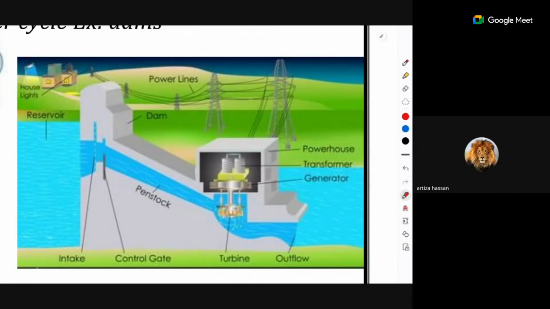And actually this is workable at very large levels, where we have the water stored in the reservoirs, and that stored water has gravitational potential energy. This is the gravitational potential energy of the water. It is converted into kinetic energy. It runs the turbine, and the turbine runs the generator, and then electricity is produced.